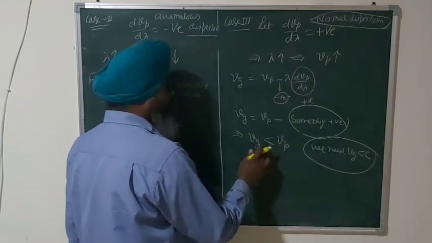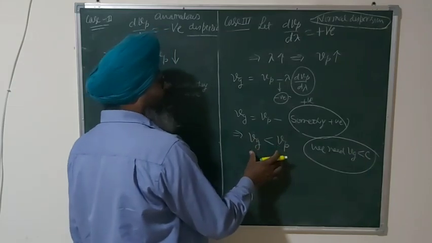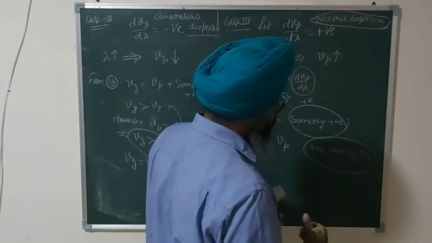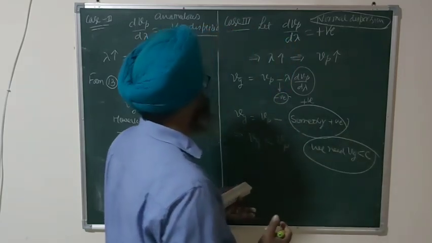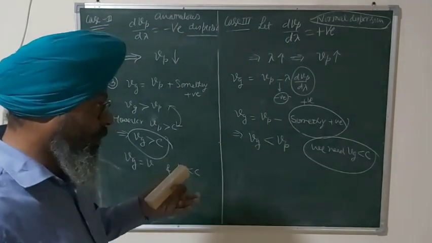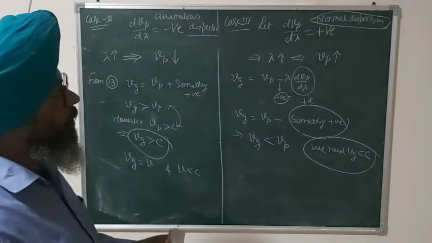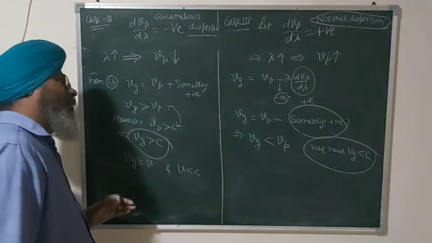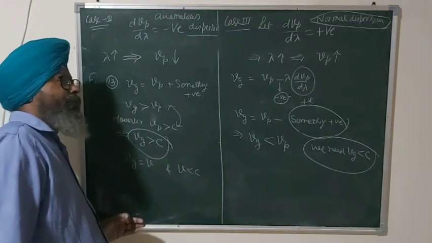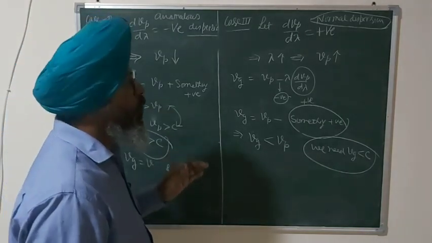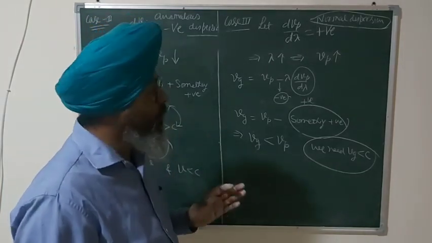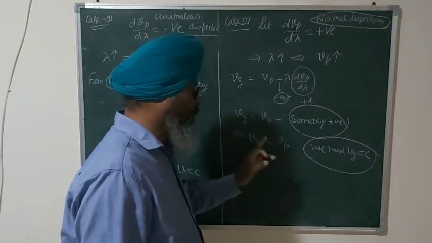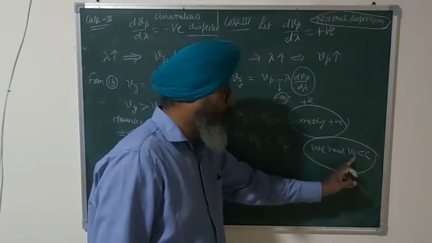We are not getting Vg less than C. However, if Vg is less than Vp, then there should be some extra condition so that Vg can be less than C. But one condition is good for us: if de Broglie waves are attached with the particle, then these de Broglie waves must show normal dispersion. Only then Vg has a possibility of becoming less than C.